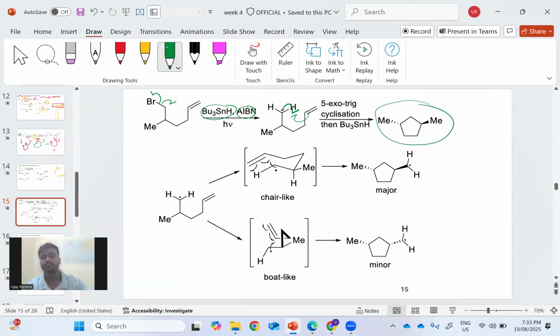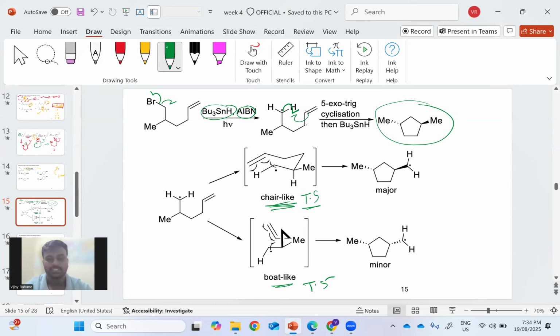Now the question about the stereochemistry. If you look at the cyclic transition state, we have two different options: whether it forms the chair-like transition state or the boat-like transition state. These are the two possible transition states. However, the boat-like transition state is less favored because we know the chair is the most stable conformation of cyclohexane.